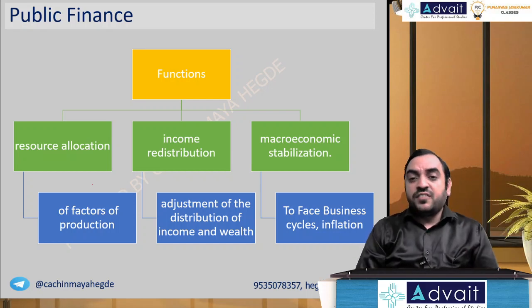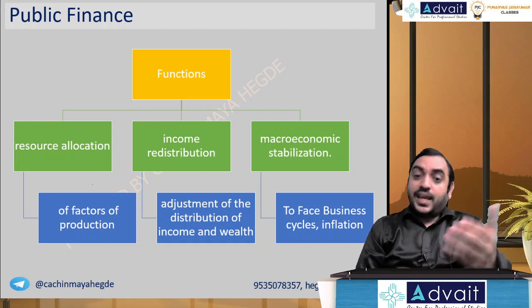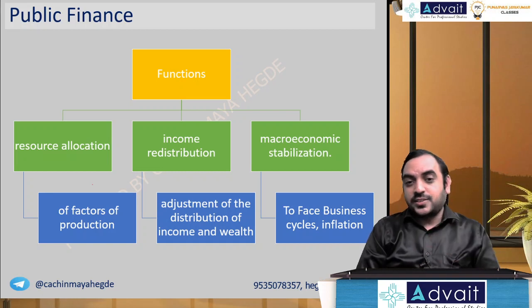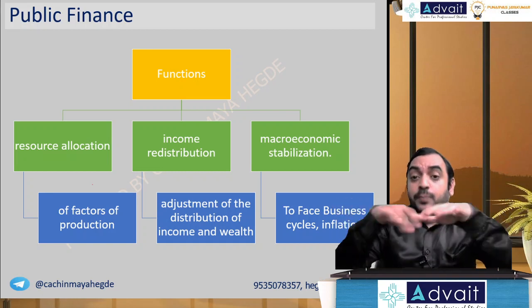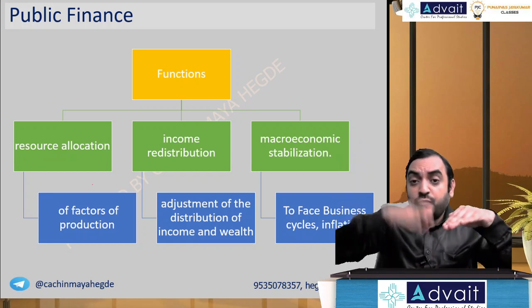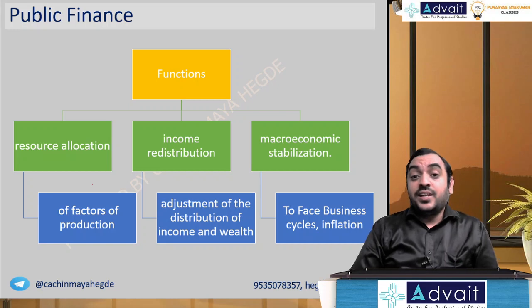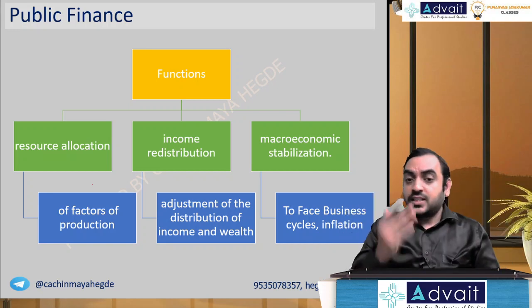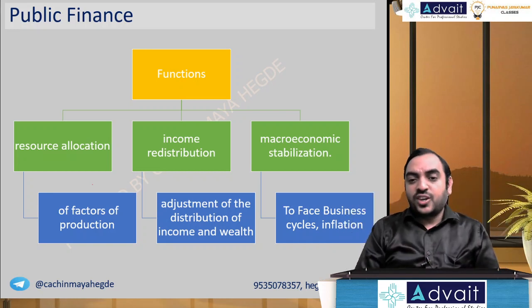That's basically a monetary function, but still, or giving incentives, giving subsidies, or taking out subsidies, both ways. That is part of maintaining economic stability. The economy should not grow fast, nor come down fast. We need to maintain stability, consistency. That is the macroeconomic stabilization function.